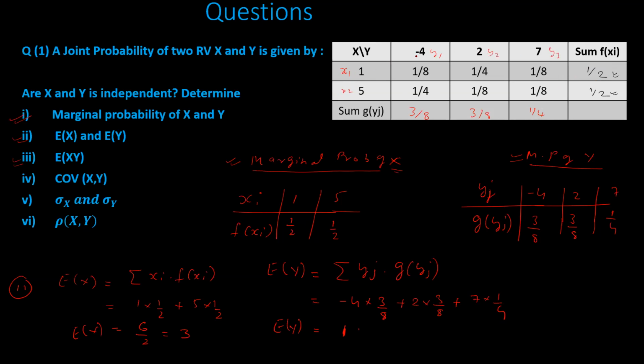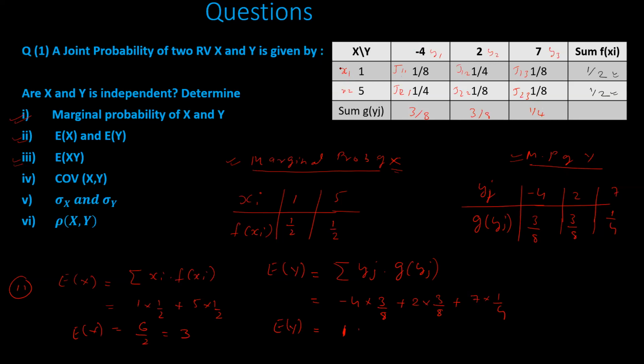So xi into yj, and these are all your f11, f12, f13. Then you have f21, f22, and f23. Now I have to take the sum of all of them. So x1 into y1 into f11, that is what it means, plus x1 into y2 into f12.